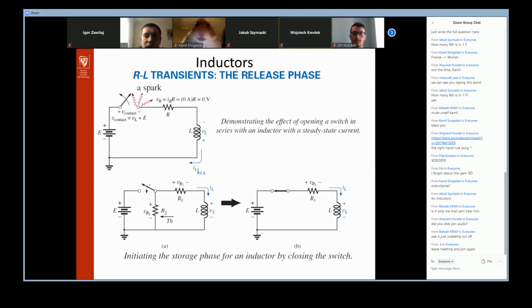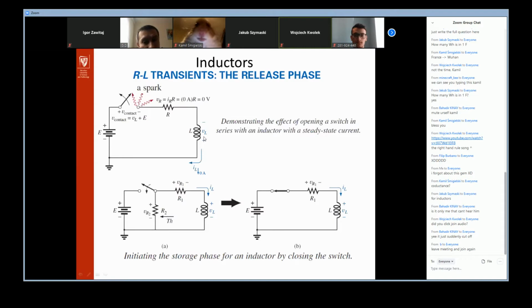However, the direction of the change is opposite, because the current is decreasing to 0, not going up. So we can observe in the coil a magnetic field, and according to the shock effect, we observe an induced voltage across the L. However, its direction will be opposite to that of the storage phase.